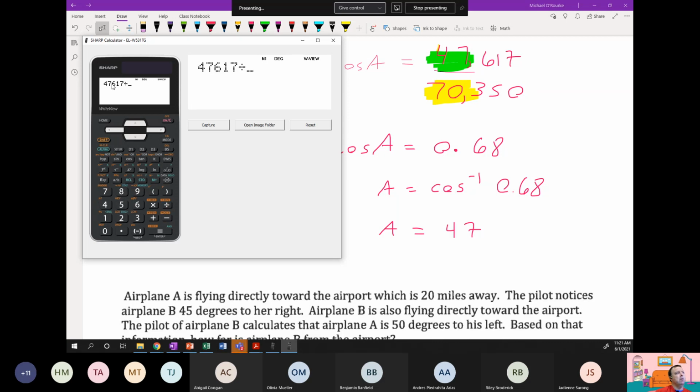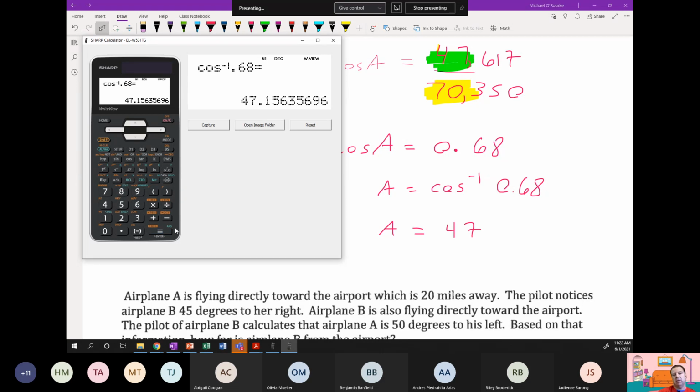Okay, so you go 47617 divided by 70350. You get that number. Then second function cos, press equal. Tell me if that worked for you. Okay, then do this, Tessa. Once you get that answer, 0.68, go second function cos, 0.68, then press equals.